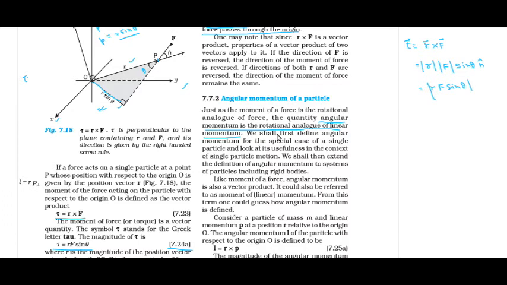We shall first define angular momentum for the special case of a single particle and look at its usefulness in the context of single particle motion. We shall then extend the definition of angular momentum to a system of particles including rigid bodies.